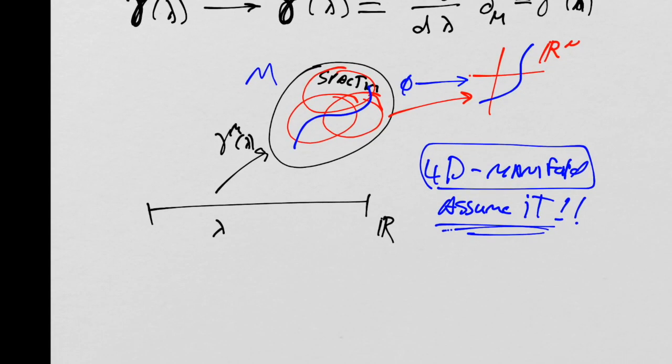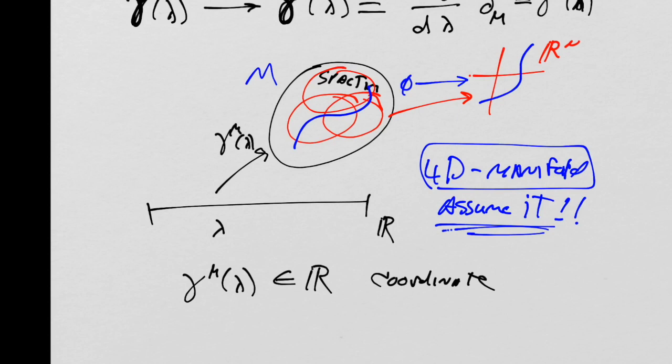What we're really looking at is that gamma mu of lambda really is already a real number, and it is a coordinate.